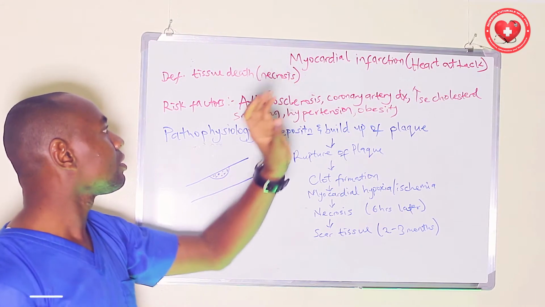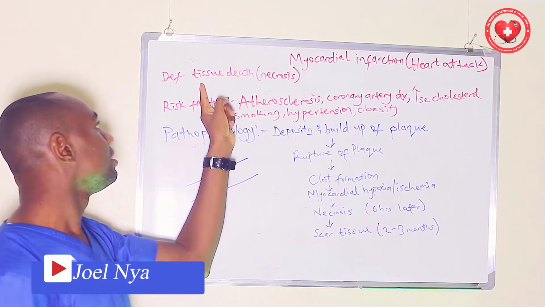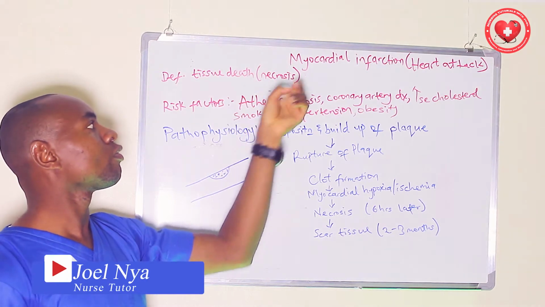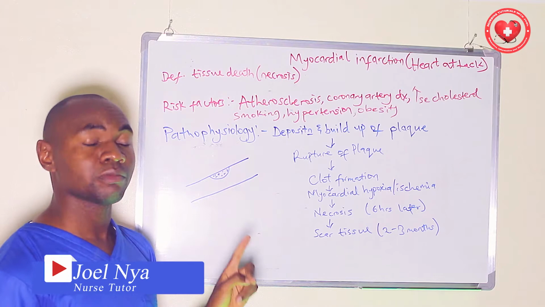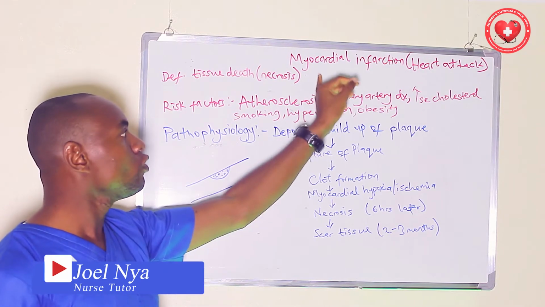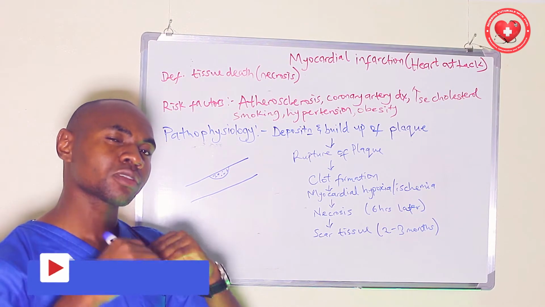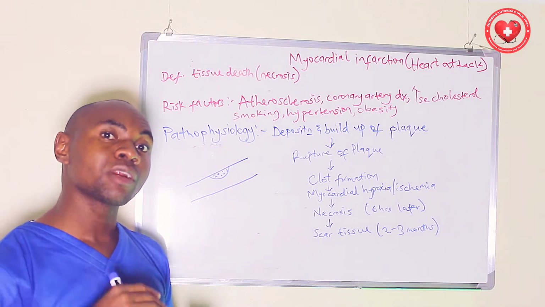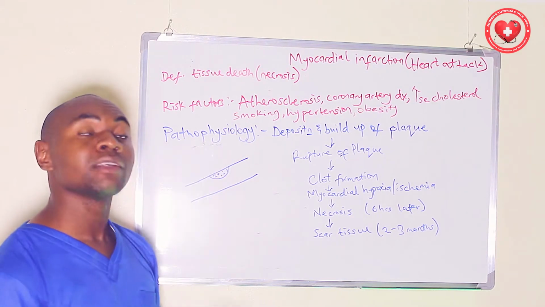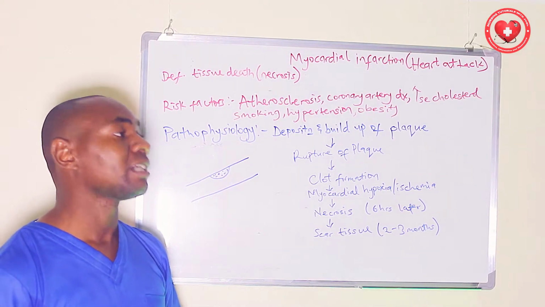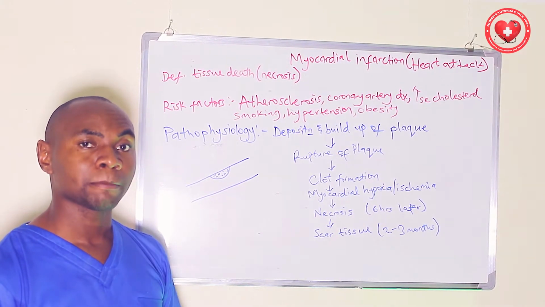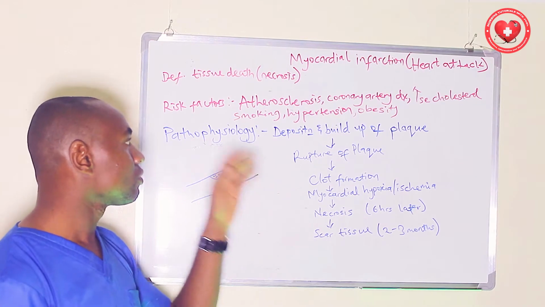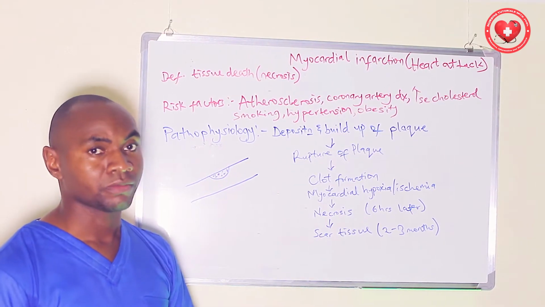So, myocardial infarction is the death, or necrosis, of the myocardium as a result of occlusion, that is total blockage, of the coronary arteries which supply blood to the heart, meaning that there is insufficient oxygen supply or blood supply to the heart muscle.